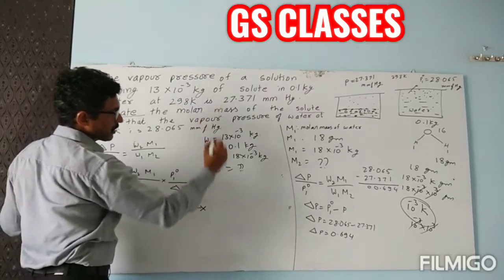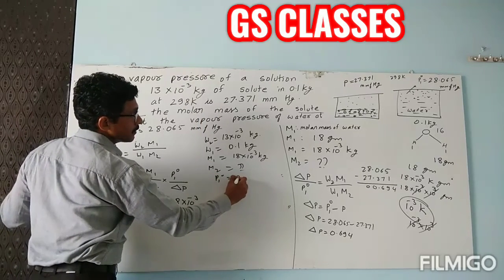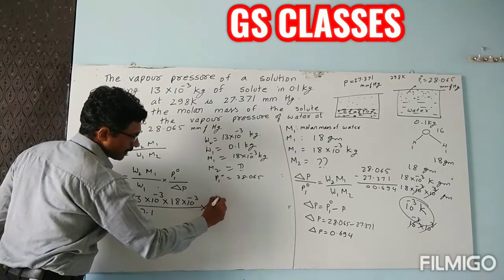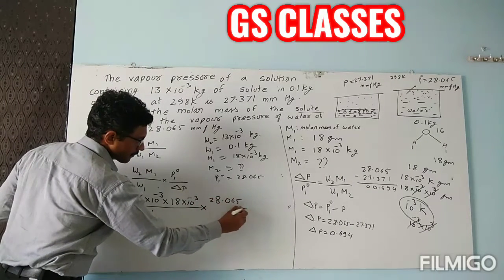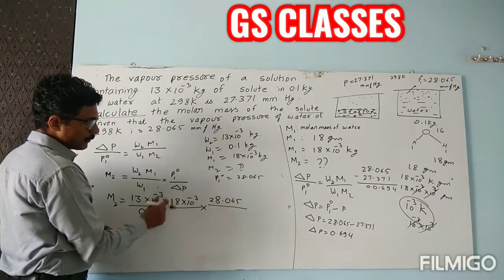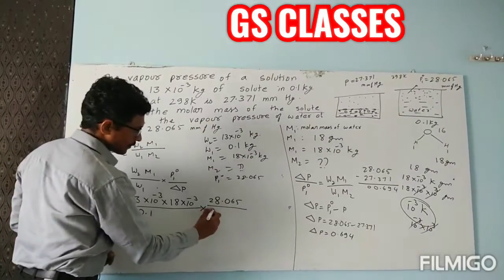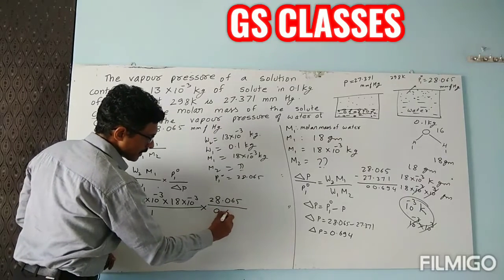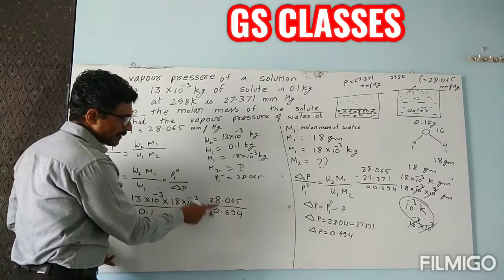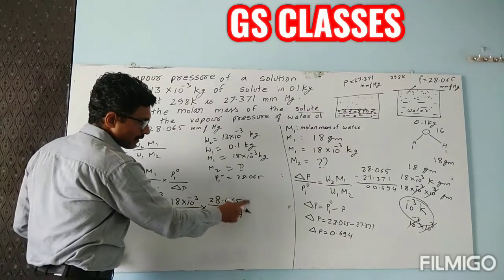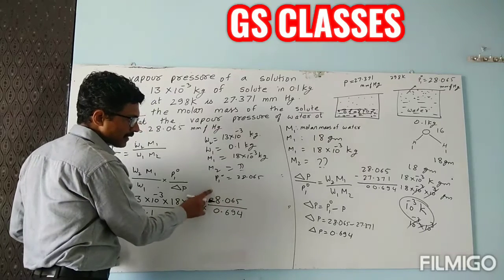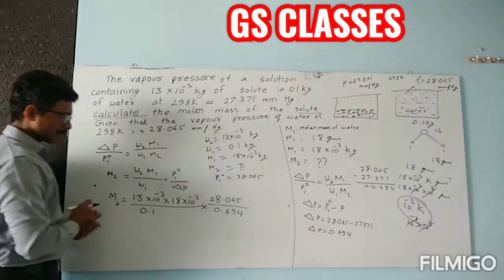Already P1 standard was given to us, 28.065, so I am writing it here, and delta P value we have already calculated, 0.694. Both the values are in millimeter of mercury. Both of them will cancel each other, so there is no need to change any unit.